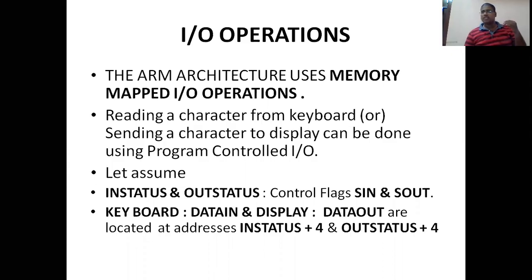What does this mean? Whenever there is an input device, what are the best examples? Keyboard, mouse, joystick, isn't it? Whenever you enter data or type something on your keyboard, it should be read by our processor. Reading a character from a keyboard or sending a character to the display can be done using programmed controlled IO.